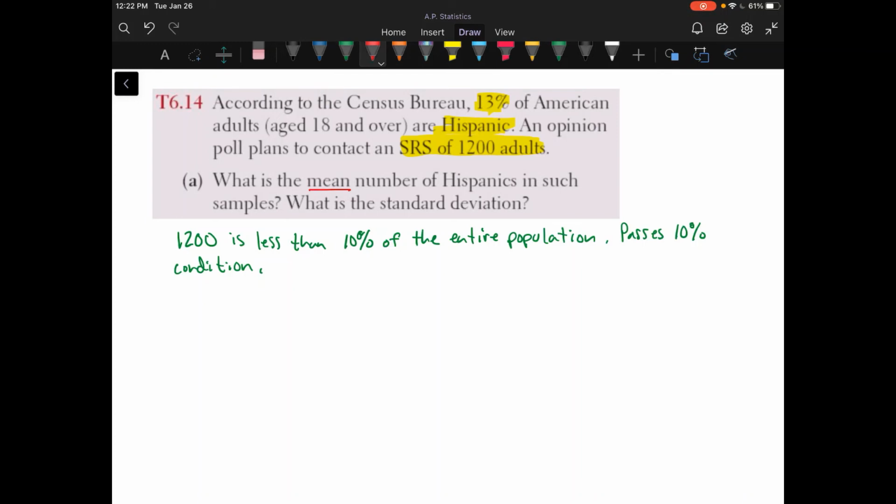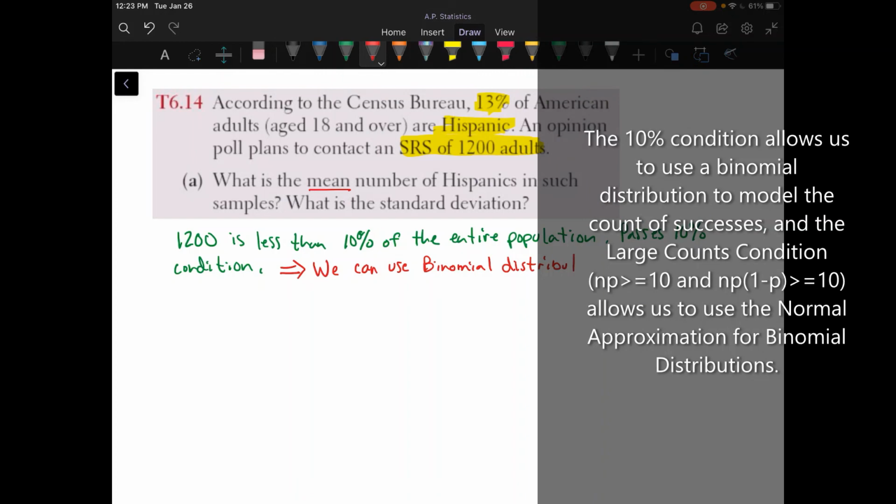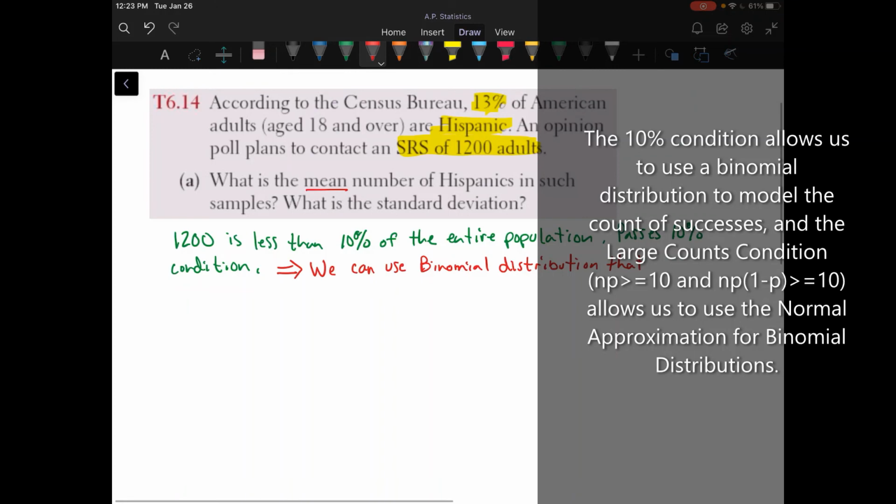This means we can use a binomial distribution with a normal approximation to calculate probabilities.